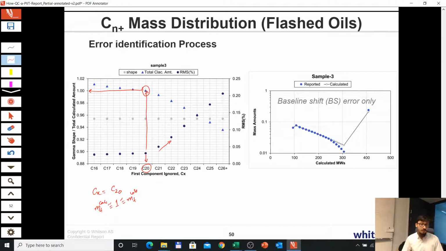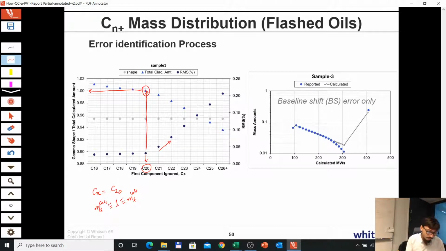So what this is telling you, when we have a CX equal to C20, this immediately tells us there is a baseline shift problem.